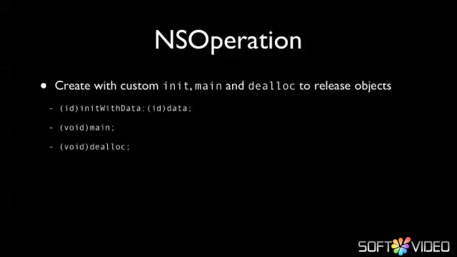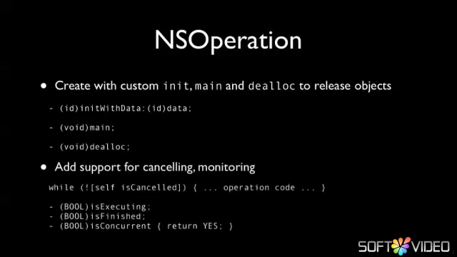So let's look at how you define an NSOperation. You'll create an NSOperation with custom init, main and dealloc methods. The dealloc being to release objects created within the operation, as these may otherwise be left hanging. And you can add support for cancelling and monitoring by overriding the isExecuting, isFinished and isConcurrent methods.